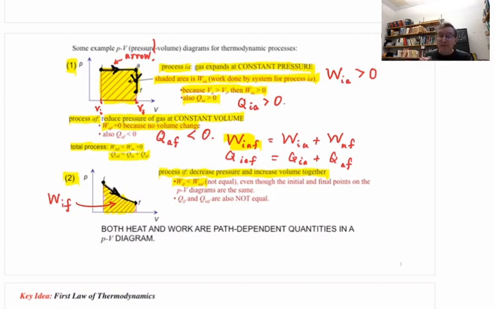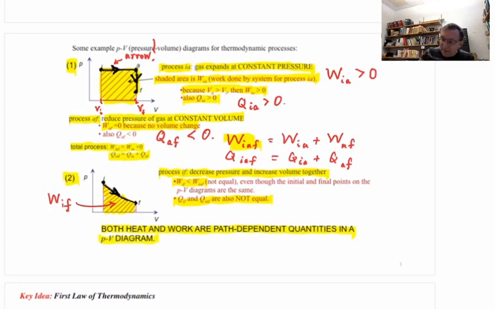What isn't immediately obvious, but I will tell you, is that the heat transfers for the two experiments, QIAF for the first experiment, and whatever the Q is to complete the second experiment, QIF, they're not equal either. So there's a very important upshot to this first studying of PV diagrams.